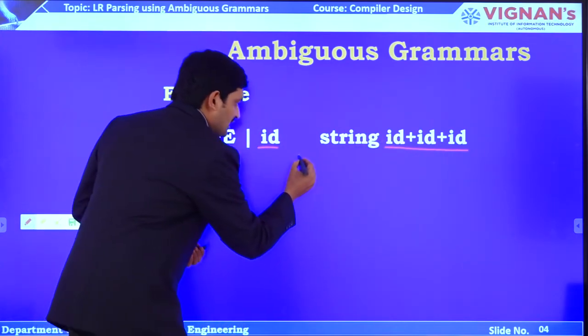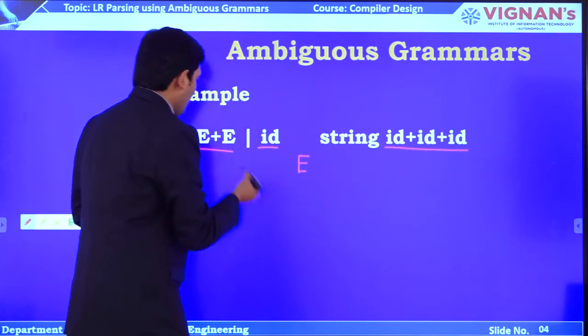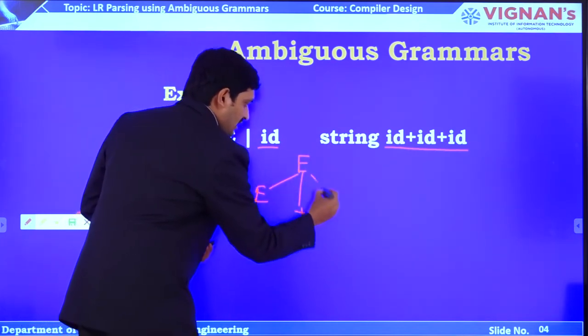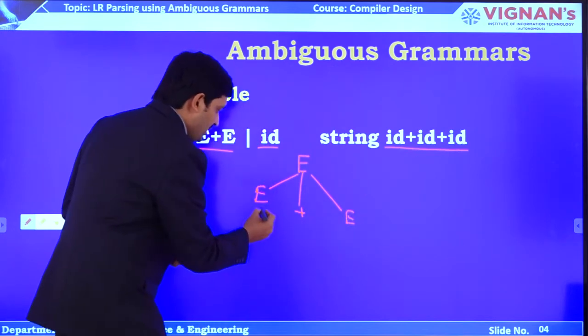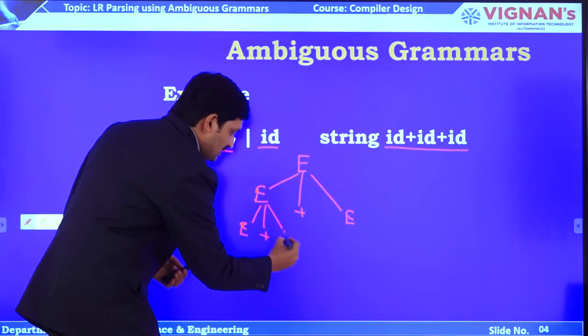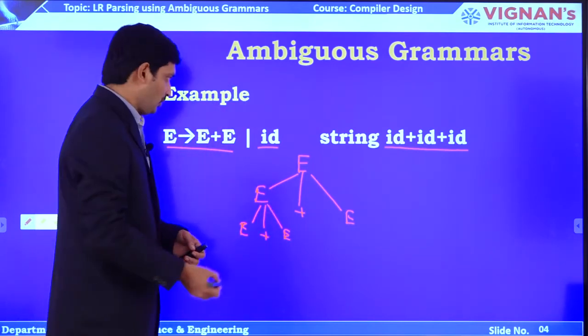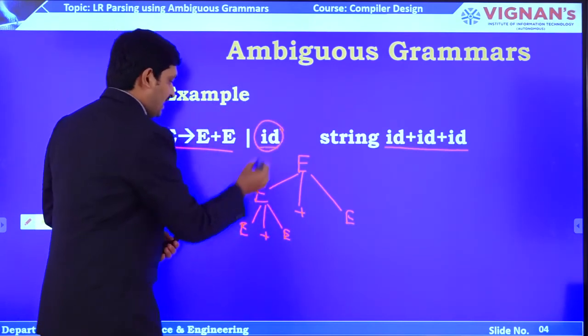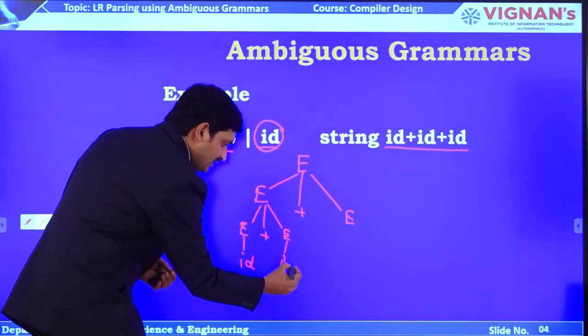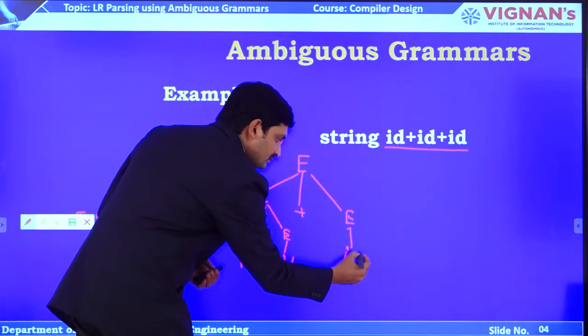So, let us start with the start symbol capital E, and E tends to E plus E. Then again I am expanding this E as E tends to E plus E. Now, I am using the production E tends to id for each of them.